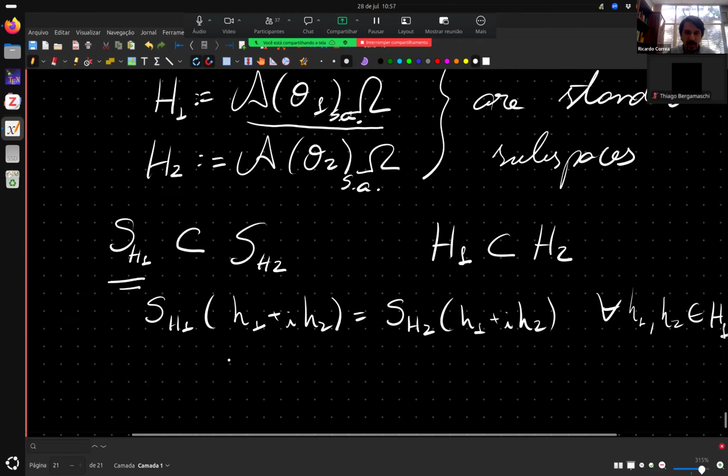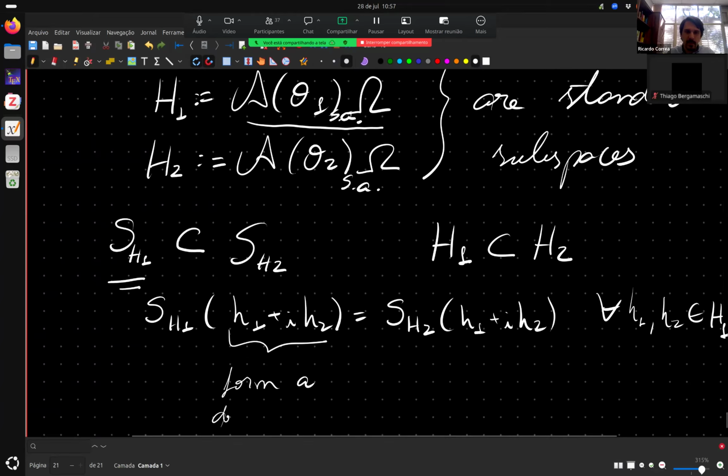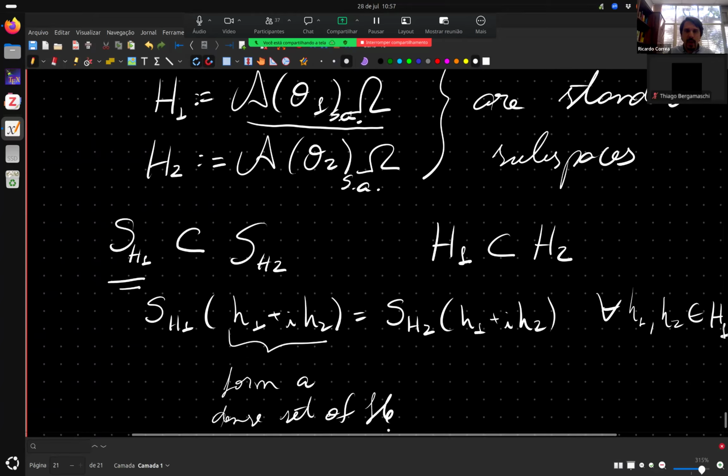So these vectors form a dense set, and you have these two operators coinciding on a dense set.